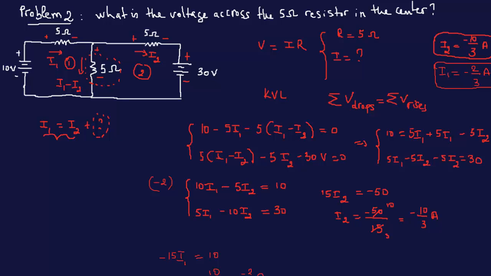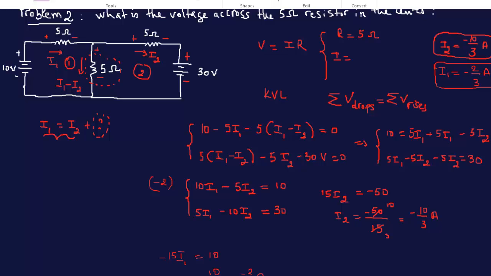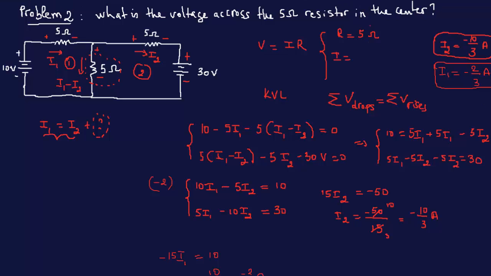So we have I is equal to I1 minus I2, and this is equal to minus 2/3 plus 10/3, right?